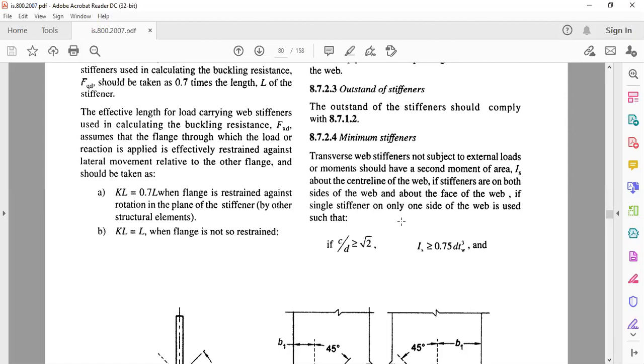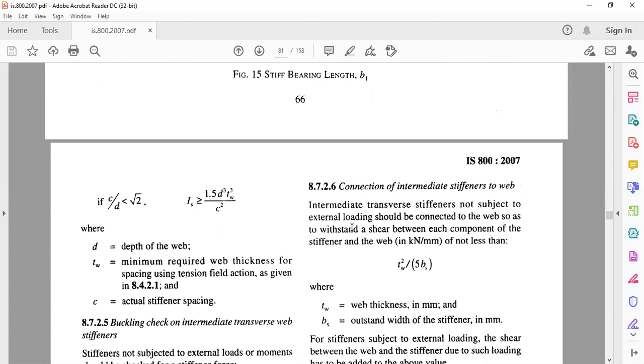Sorry, 1.33 is less than root 2. If it is less than root 2, what stiffener moment of inertia do we have to provide? We have one formula, and from that formula we have to check whether the section we are going to choose withstands it. So let us do that.